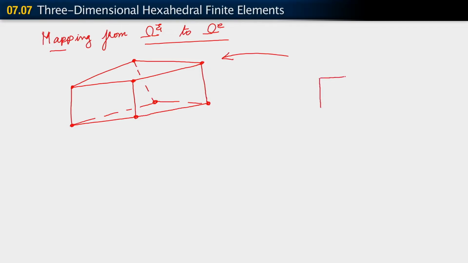So we have a nice cubic domain, a nice cubic structure in the parent domain here.